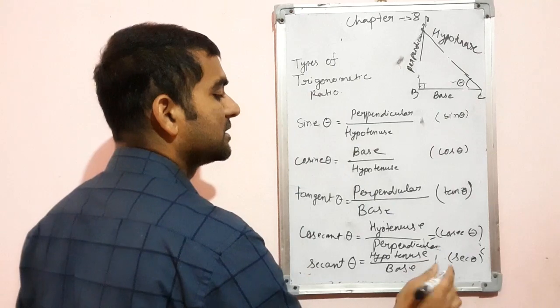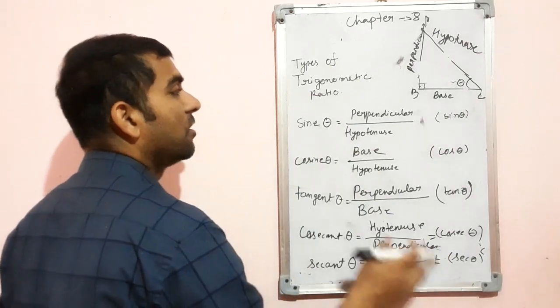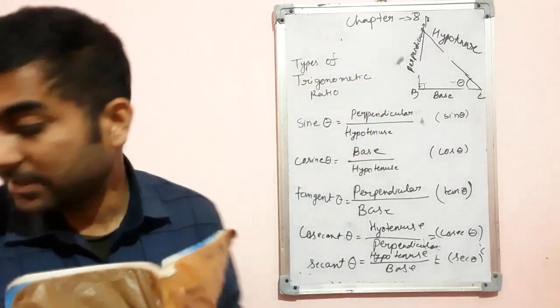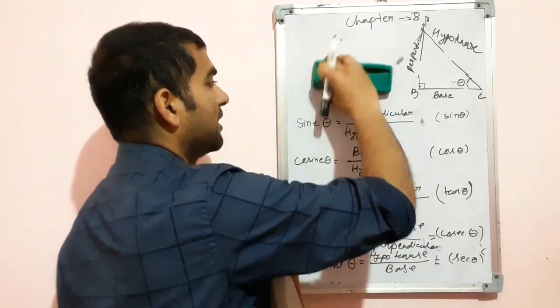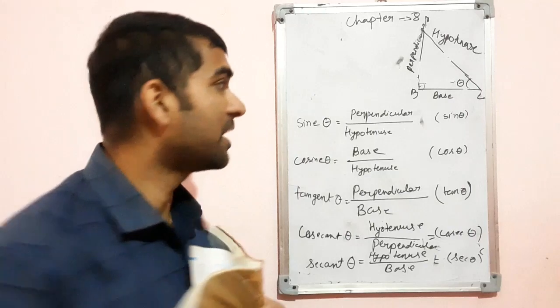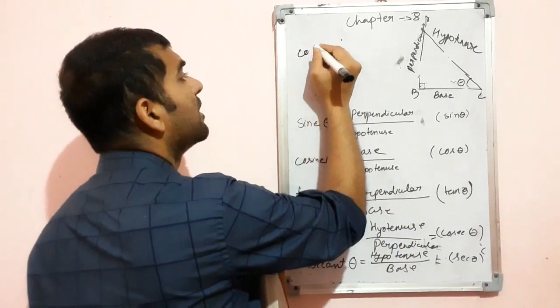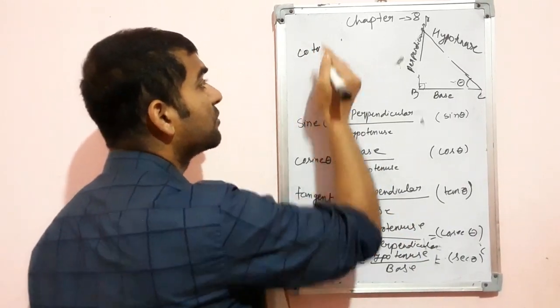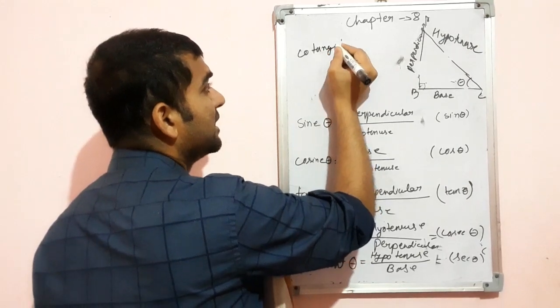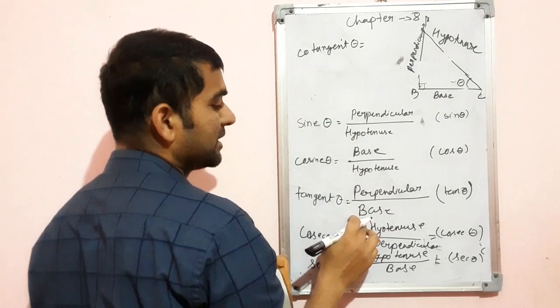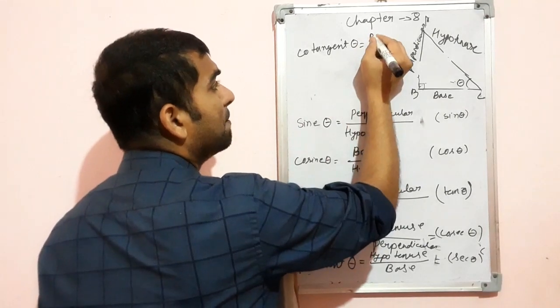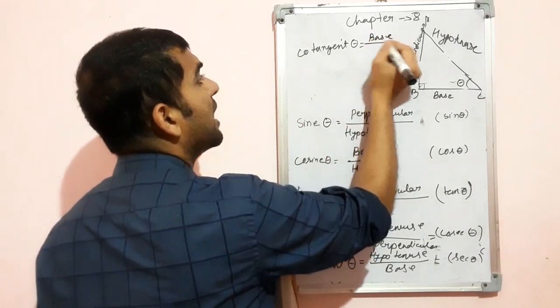The last trigonometric ratio is cotangent, the inverse of tangent, so cotangent theta is base by perpendicular.